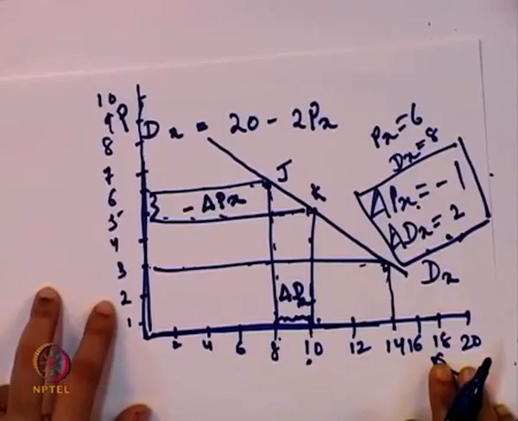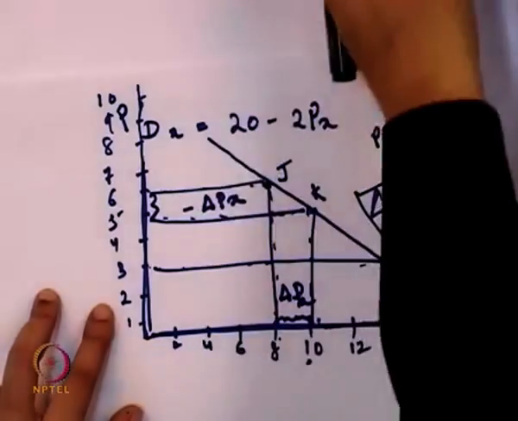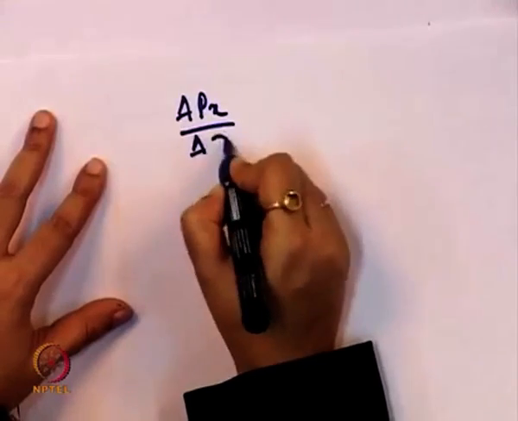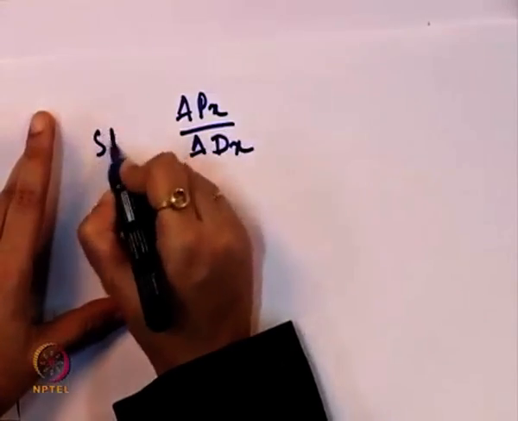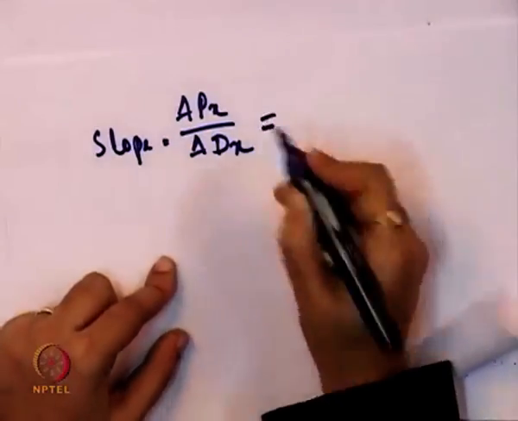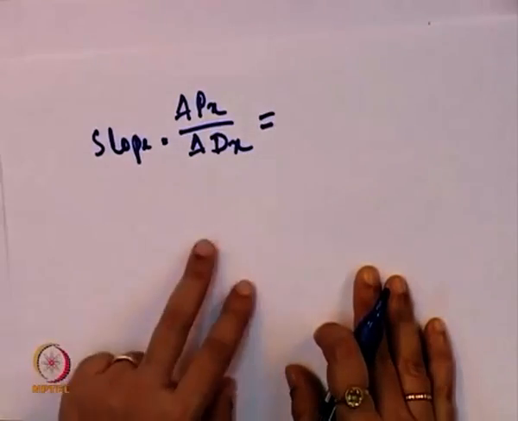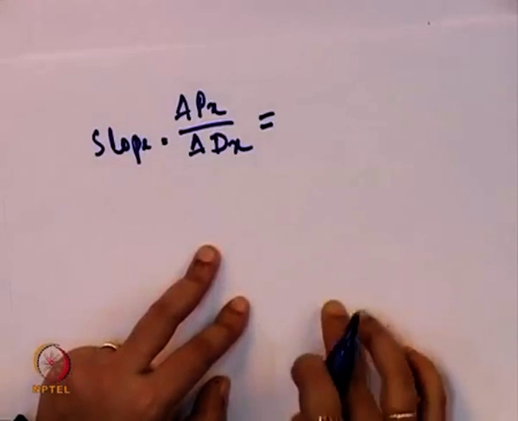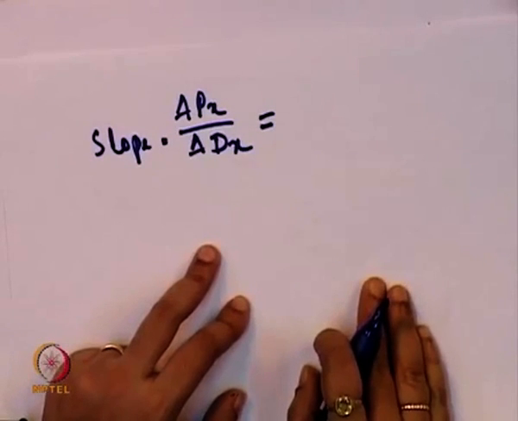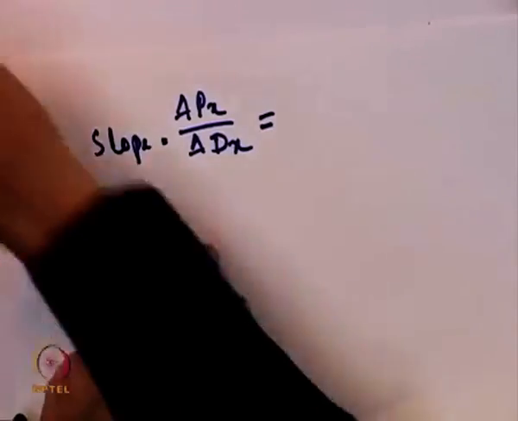The slope of a straight line demand function is the ratio of del Px by del Dx. So, this is the slope of the demand function. Del Px and del Dx become the ratio, and through this ratio we can find out the slope of a straight line demand curve between the points j and k.